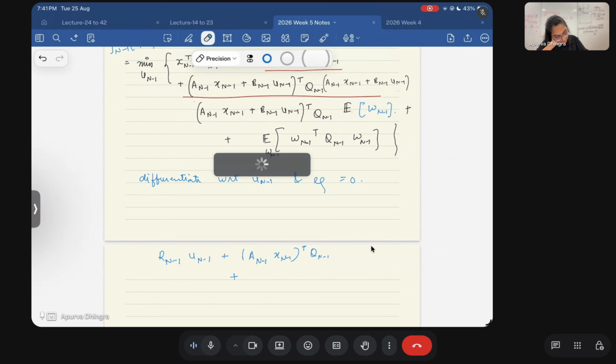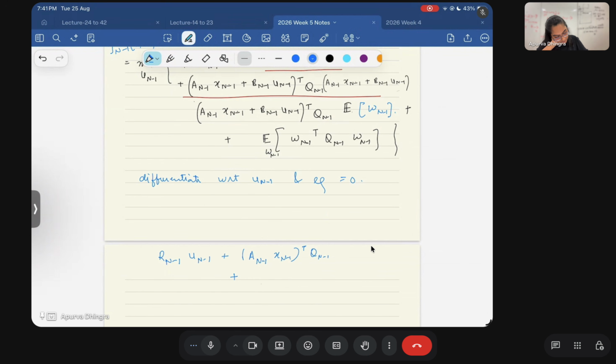It needs to be written more carefully. So that is alpha n minus 1 Qn minus 1 Bn minus 1.